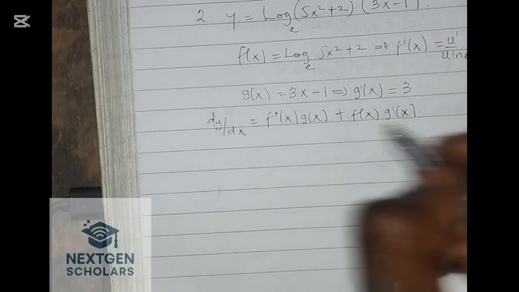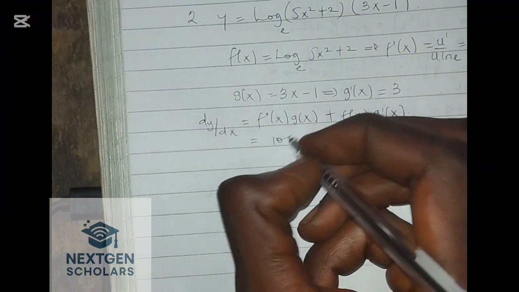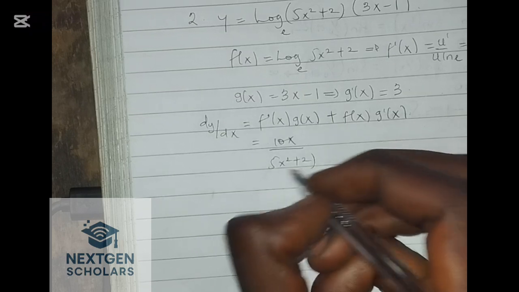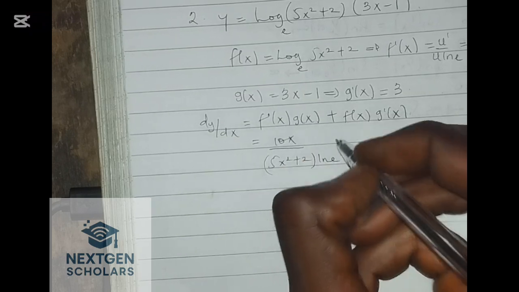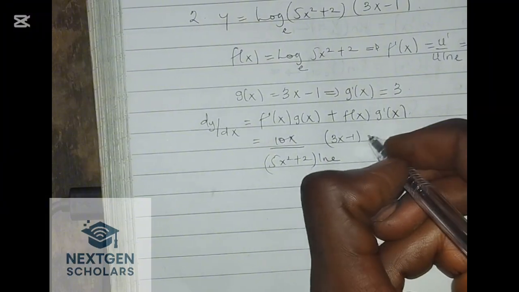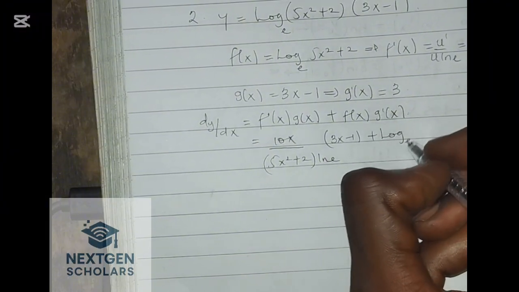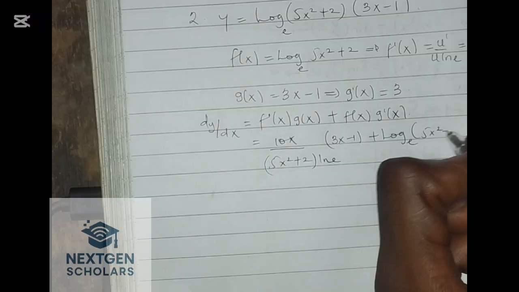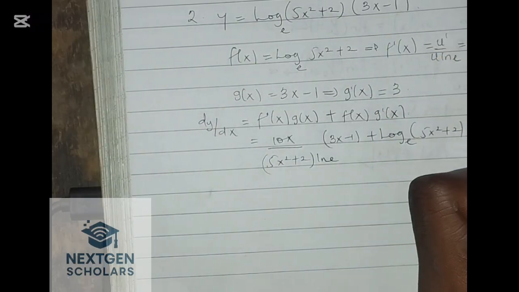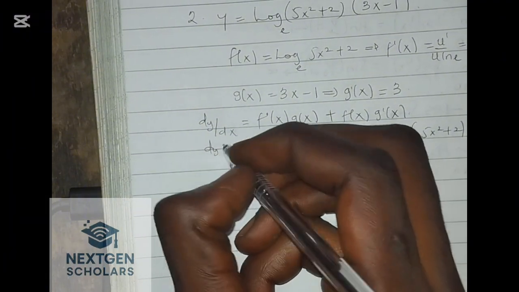So let's do this. f prime here is 10x all over 5x squared plus 2 ln e, multiplied by g of x, which is 3x minus 1, plus keep f of x now, that is log base e of 5x squared plus 2, multiplied by g prime, which is simply 3. So this is the answer for the second question.